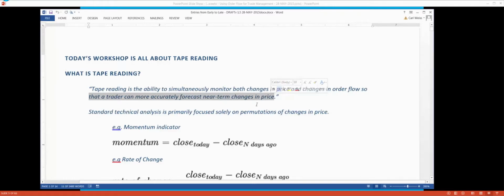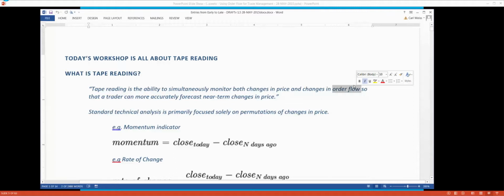One thing about order flow is that what you read in order flow has a very short half-life. It degrades very quickly. But while it's present, it's very, very valuable. And the key here is this concomitant reading of both price and order flow. So tape reading is really having that skill set to say, oh, I see price action.